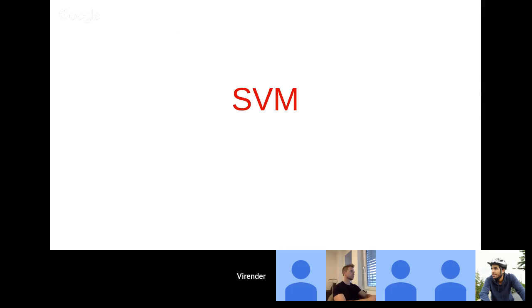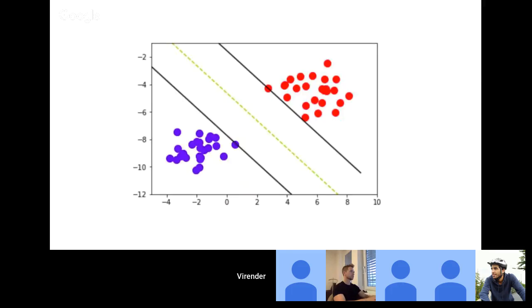SVM. We'll also talk about SVM. In SVM, we basically find a hyperplane to divide our dataset entries into corresponding parts. This problem is binary classification. Here we have a hyperplane which divides the dataset entries into two regions.